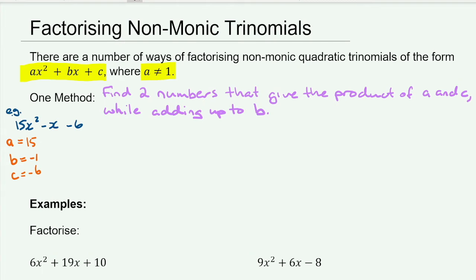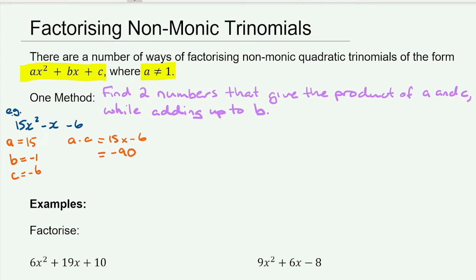Now what we want to do is we want to go A times C, and I'm using the little dot for multiplication so that we stop getting confused between x's and times signs. In this one we're going to have 15 times minus 6, well, that is minus 90.